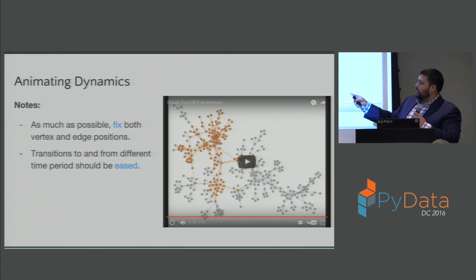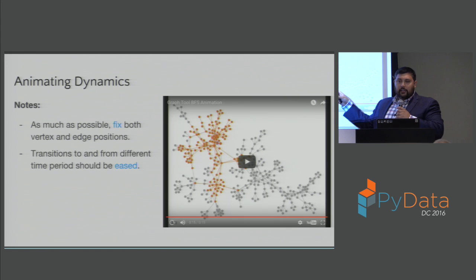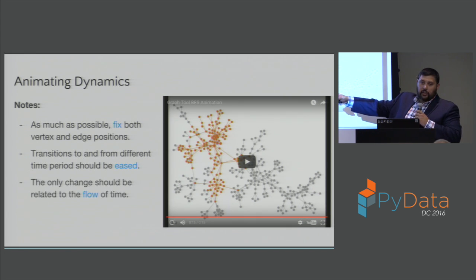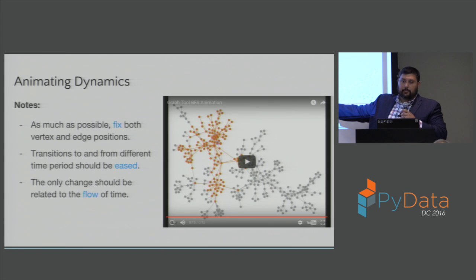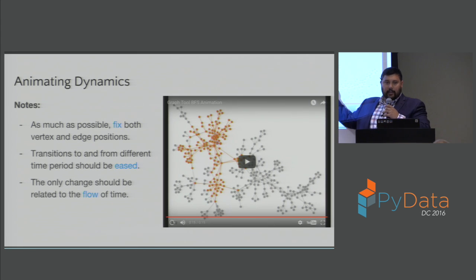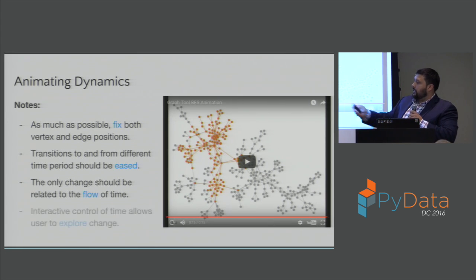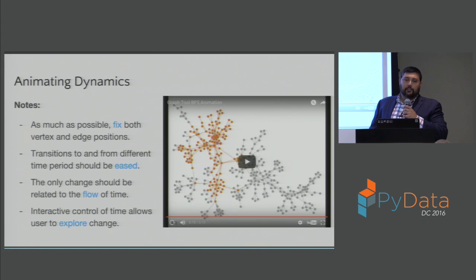Transitions to and from different time periods should be eased so that you can see what's changing when. The only change should be related to time in these types of dynamic graphs. So as these things are changing color, every time element, every dynamic graph is being highlighted by the orange color. And finally, if possible, you should allow interactive control, because that control really gives good insights as you look at how things are changing over time.